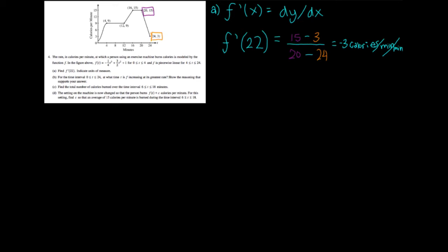So, question 4, they give you that the rate in calories per minute at which a person using an exercise machine burns calories is modeled by the function f. So this is the function f, and in the figure above, f of t is equal to negative 1 over 4 times t cubed plus 3 over 2 times t squared plus 1, where t is greater than or equal to 0 and less than or equal to 4.